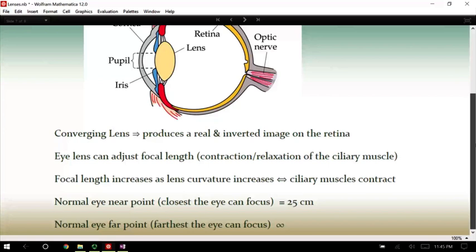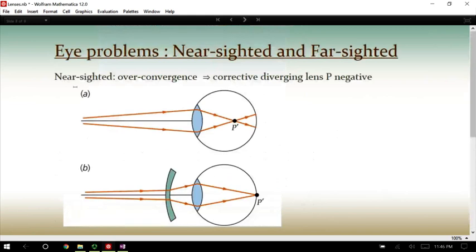Okay. Now, because of different kinds of disorders, neither the near point nor the far point have to be 25 centimeters or infinity. They can change, and we'll discuss how they change and how we can correct for them. So the first example would be a nearsighted person, meaning they can't see things that are far away.